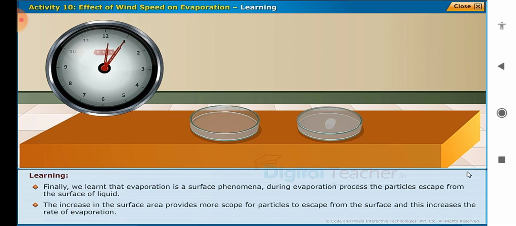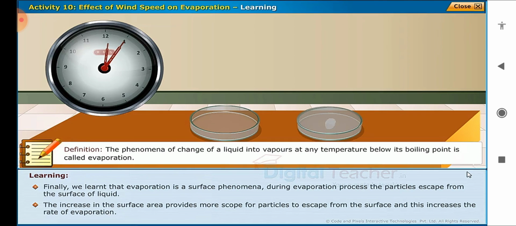The increase in the surface area provides more scope for particles to escape from the surface, and this increases the rate of evaporation. The phenomenon of change of a liquid into vapors at any temperature below its boiling point is called evaporation.